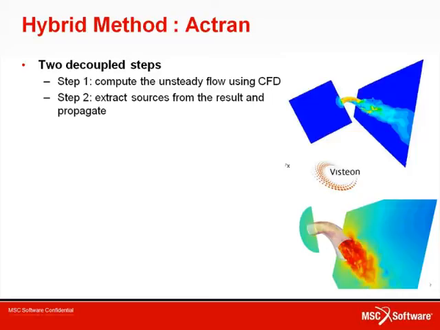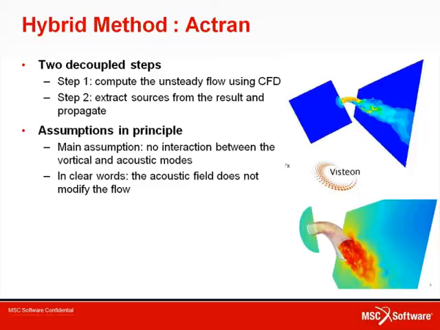Second, the acoustic solver will use these unsteady flow results to extract the equivalent noise sources and then propagate them into the acoustic medium. So the main assumption behind a hybrid method is that the noise propagation has a negligible effect on the aerodynamic field. In other words, the acoustic field does not modify the flow. And this assumption is valid for a large majority of problems.